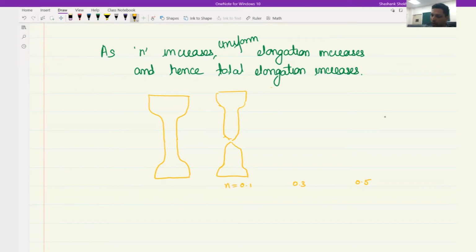For 0.3, the total elongation is expected to be larger. And for n equal to 0.5, it is expected to be even larger. So this is the schematic of the meaning of increasing n.